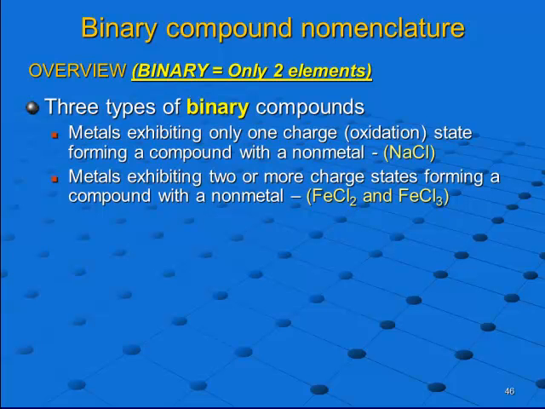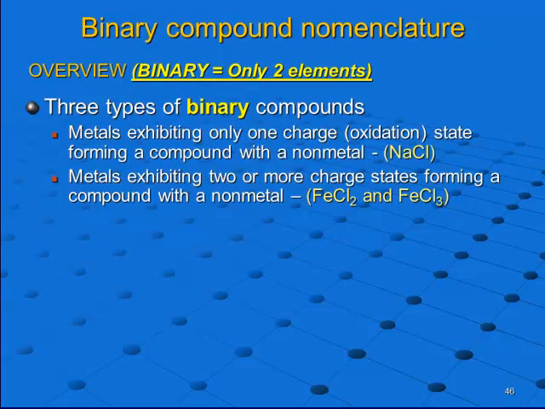Or it could be a transition metal, so a metal that exhibits two or more charge states. They're also going to be in a salt with a nonmetal. So the examples I've written down here: iron, Fe, with 2 chlorines because it is a +2 charge, or Fe with 3 chlorines because it's a +3 charge.